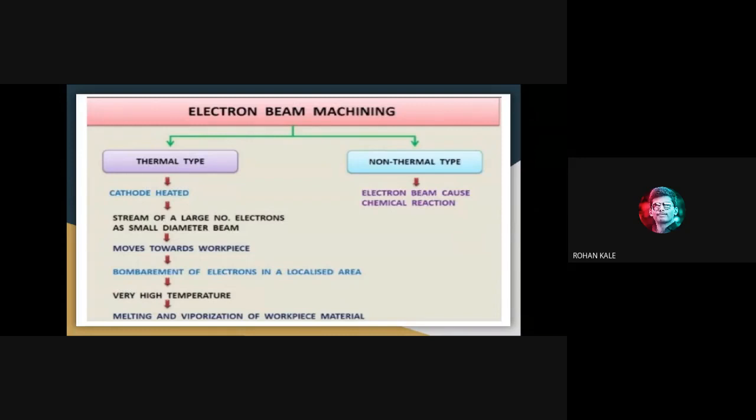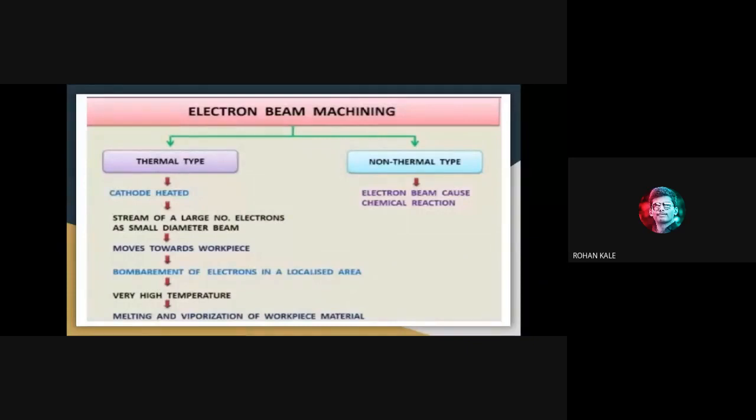We are not going to discuss the non-thermal type here. We are going to discuss only the thermal type of electron beam machining process.